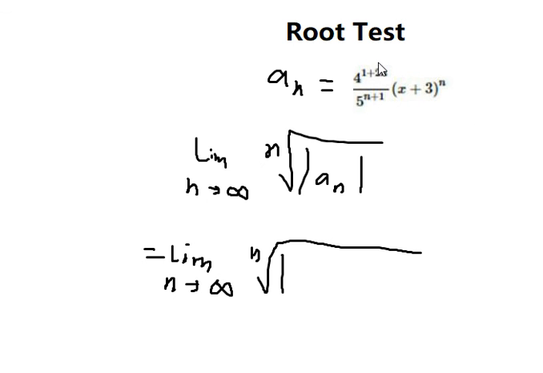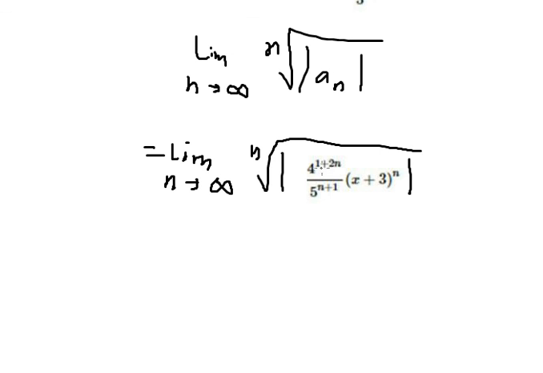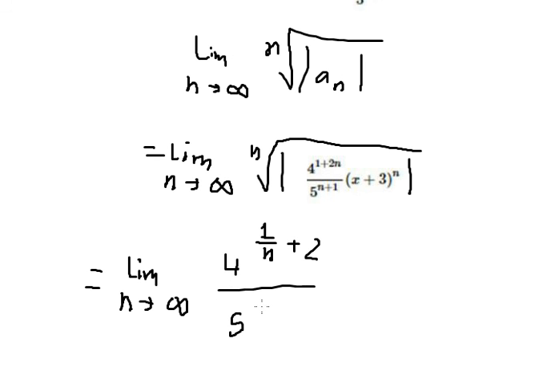So we put this one going in here, and now we need to simplify. We know that all the numbers in here are positive, so when we cancel by the n-th root, they get like this. That is 4 to the power of 1 over n plus 2 over 5 to the power of 1 plus 1 over n.